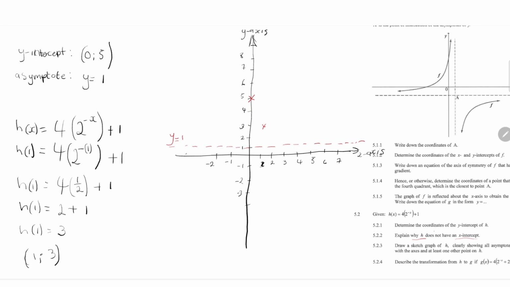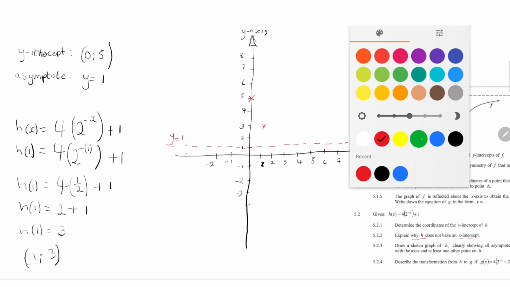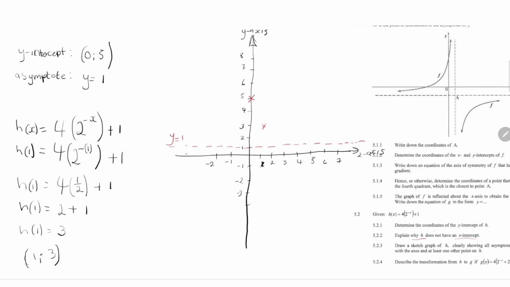So now let us try and sketch our graph. I'll use a different color. Alright, so we're sketching the graph of h. I'm sure yours will be much prettier than mine. But it's something like that.